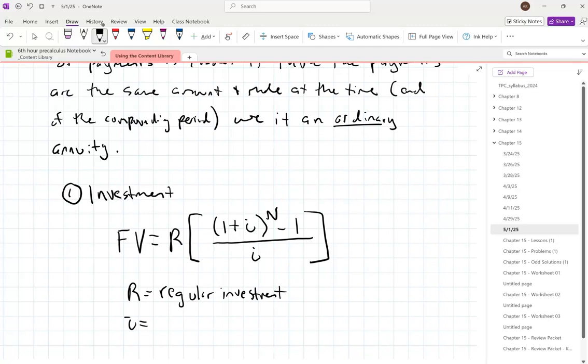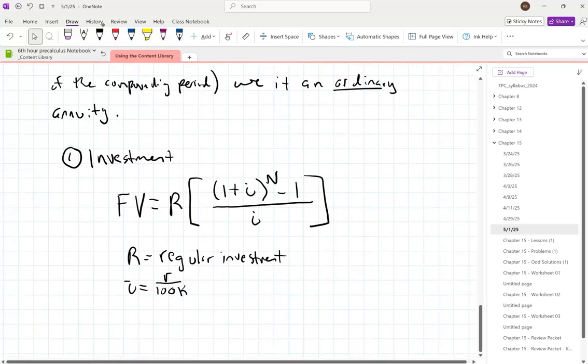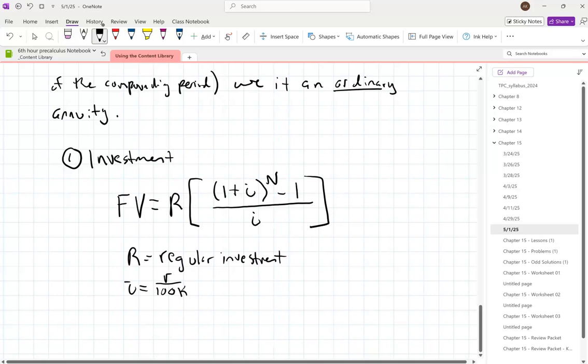I is just going to be r over 100k. Same r and k that we've used before. And then capital N is just little n times k, that's the same n and k that we've used before, and FV is the same FV. I'm not going to redefine these things. If it's the same symbol over and over again, we're not going to keep restating them.